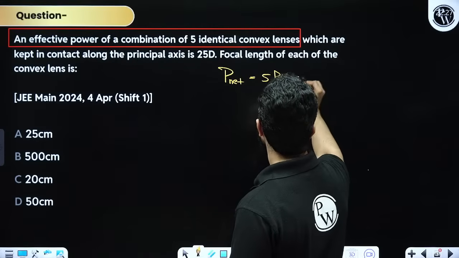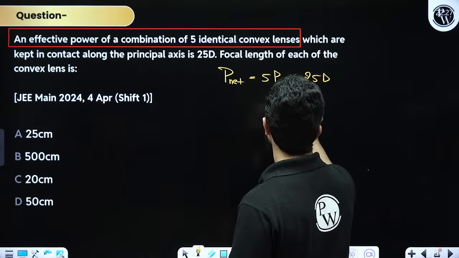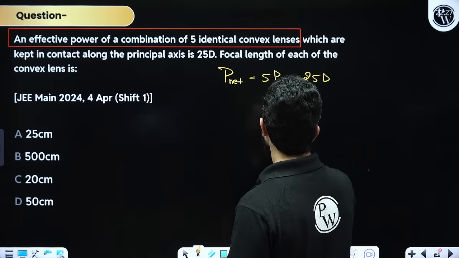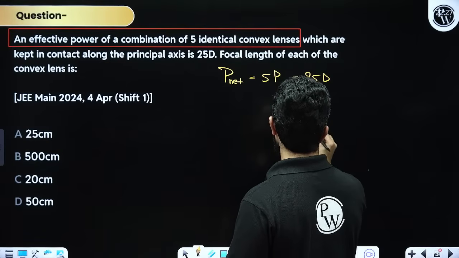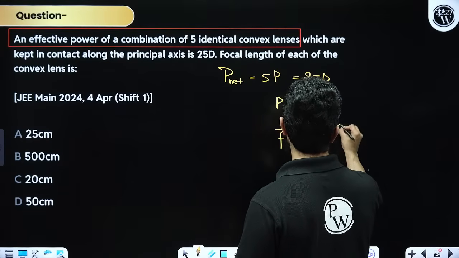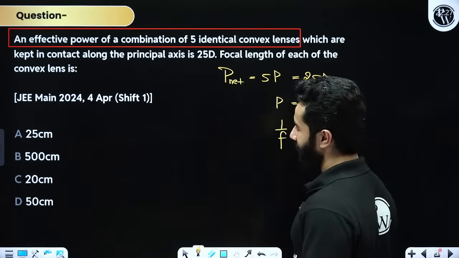So this is equal to 25D. So power of 1 will be equal to 5, and that means 1 upon focal length will be equal to 1 upon 5, and into 100 in centimeter. So this will be 20. 20 is the correct answer.